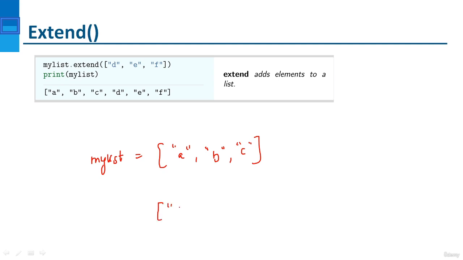Let us suppose the other list of elements is D, E, F. So in that case, you can make use of the extend function, which is a built-in function. My list dot extend of D, E, F. It will be merged into the existing list called my list, and then you can print that list.